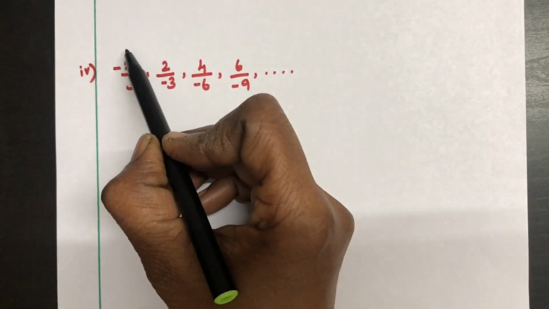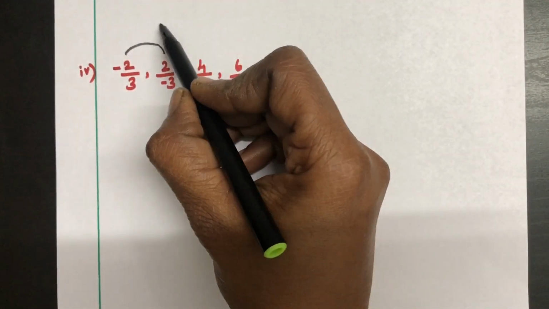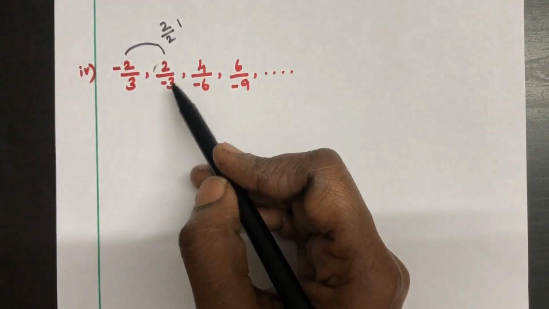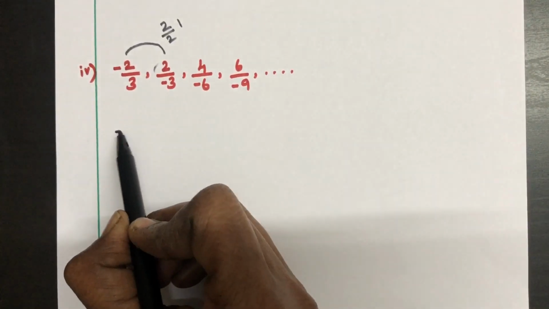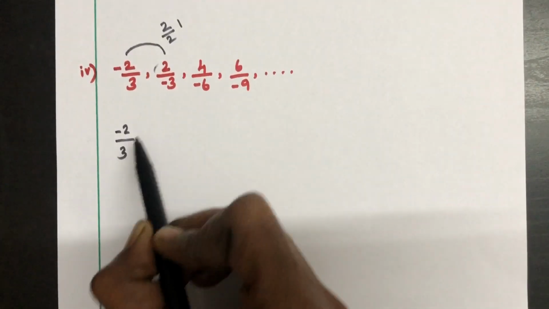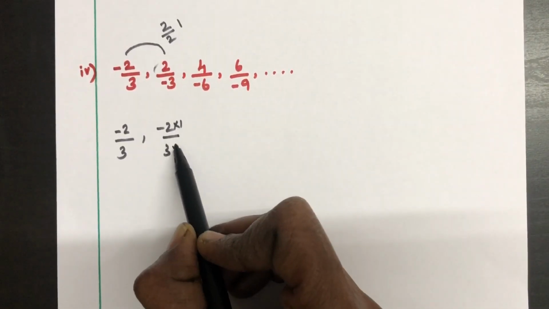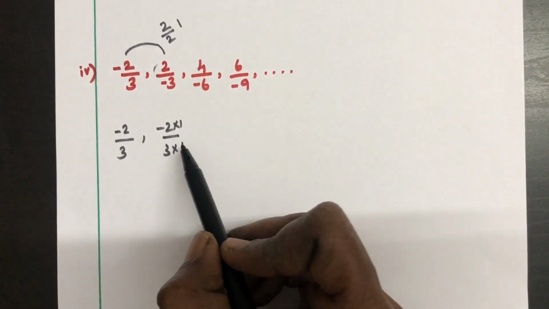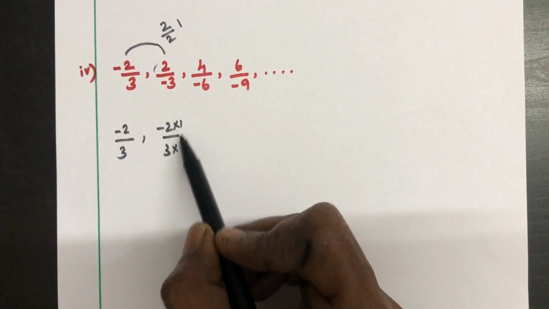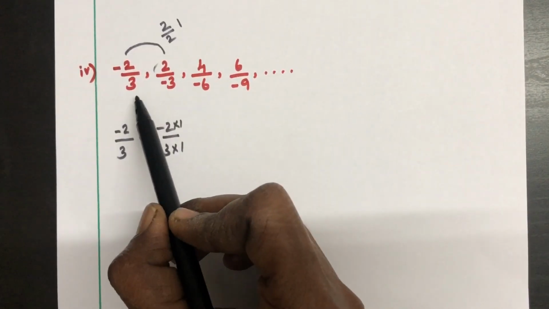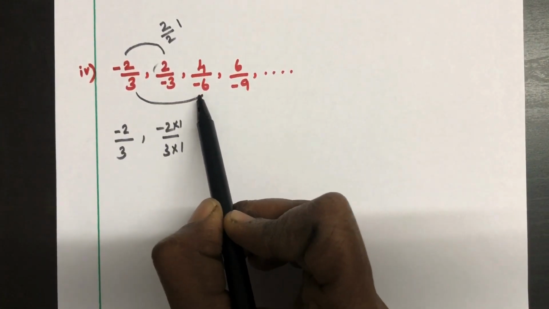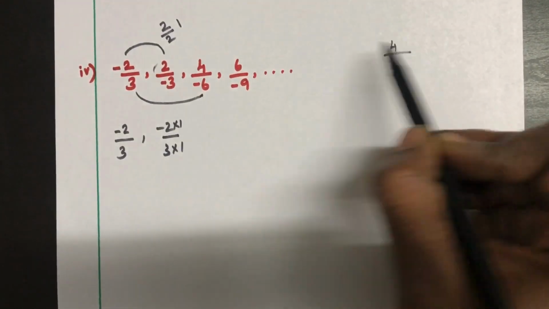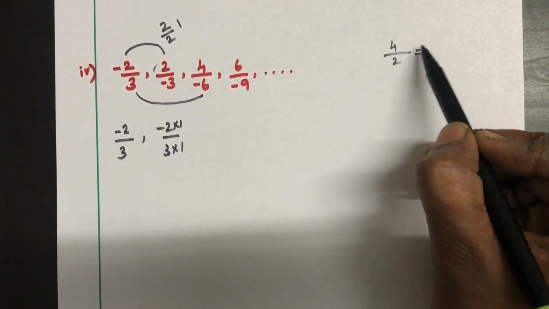Here also, see here, 2 numerator divided by this numerator is 1. They have multiplied by 1 here. See, this is minus 2 by 3 as it is, into 1 by 1. You can have minus wherever, that's okay. Now between these two what will come? Numerator is 4 divided by 2 is 2.